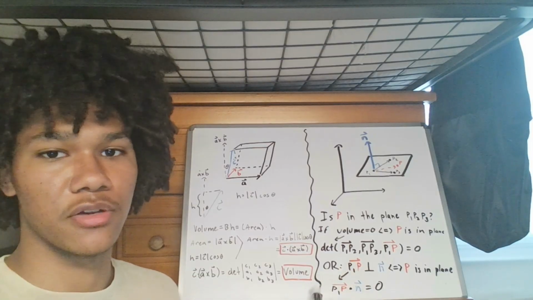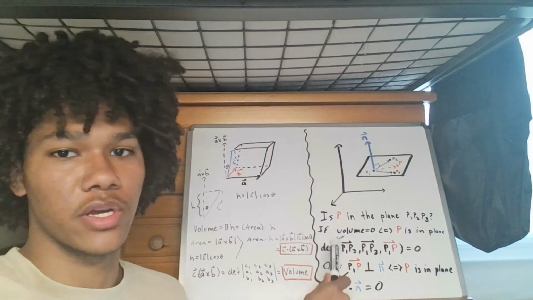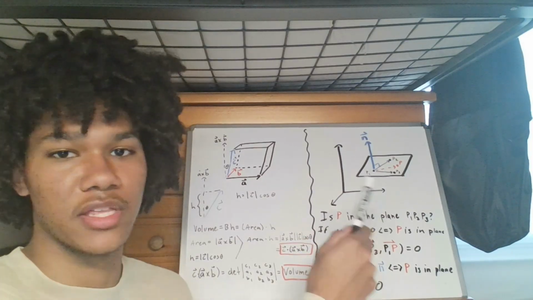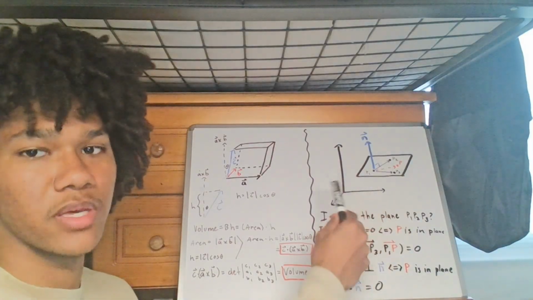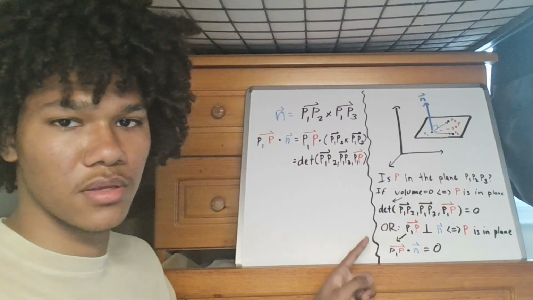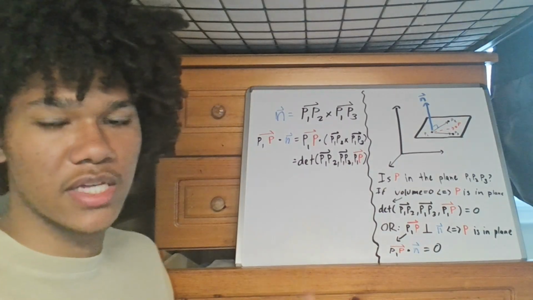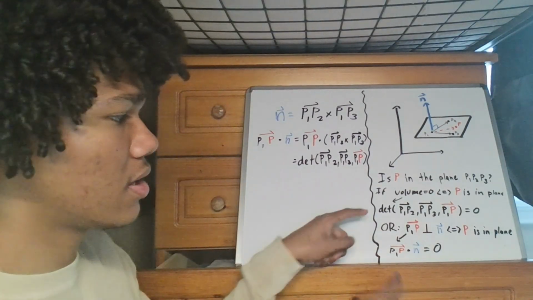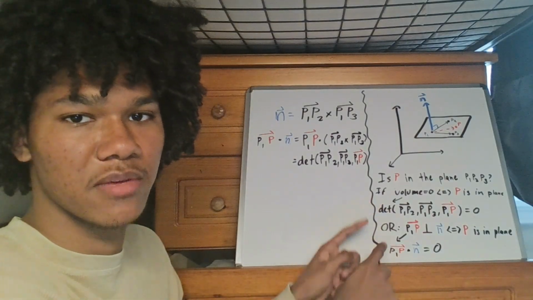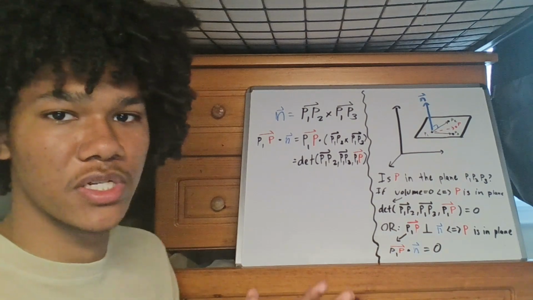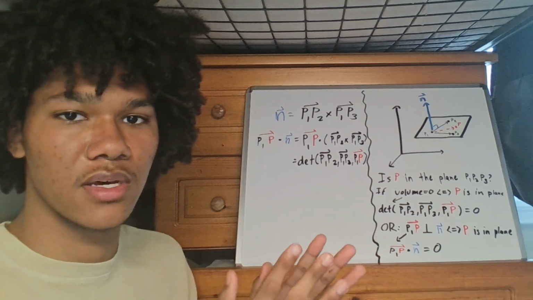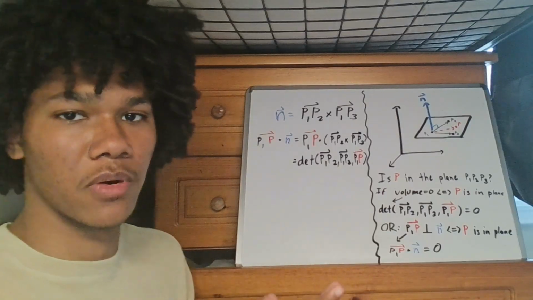I'm going to expand this equation right here. It's going to be a lot easier than what I was going to do before, but it is actually going to give the same equation that represents this plane, defined by P1, P2, and P3. Before I expand it, I want to explain how these two equations lead to the same place. I'm going to connect them by an idea we already know, which is that the cross product between two vectors is a vector that's perpendicular to both of them.